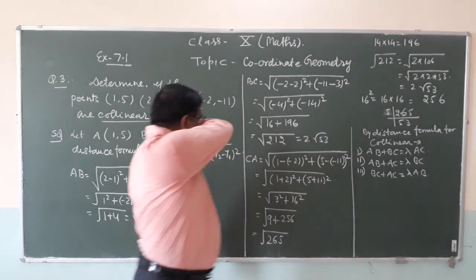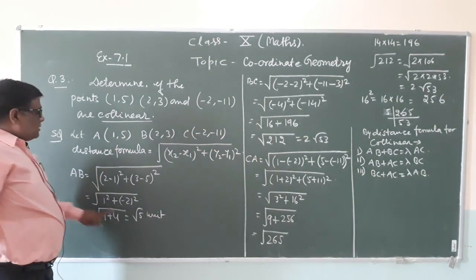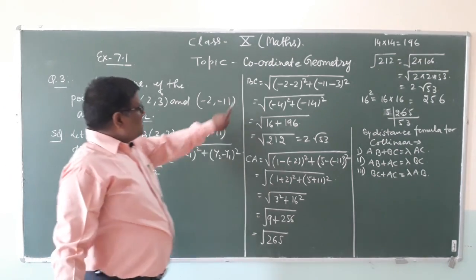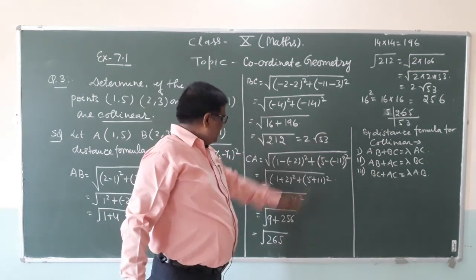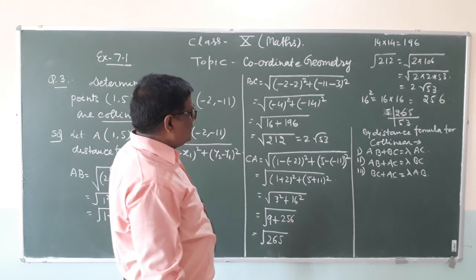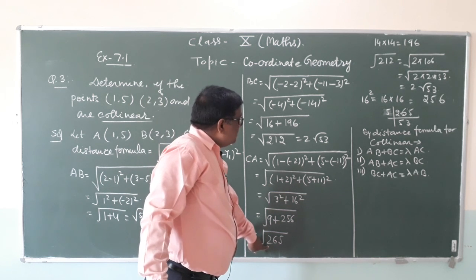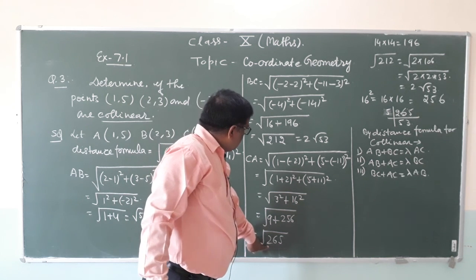Now look here: AB is equal to root 5, BC is equal to 2 root 53, and CA is root 265.